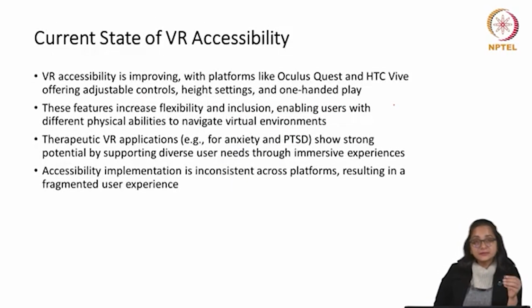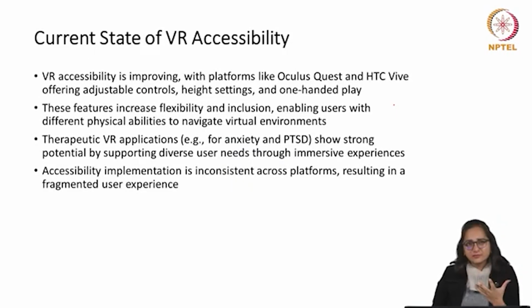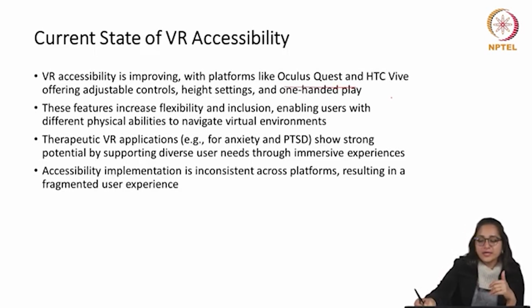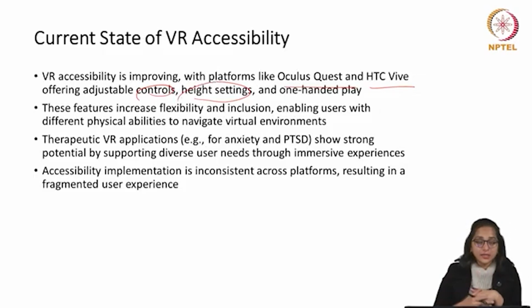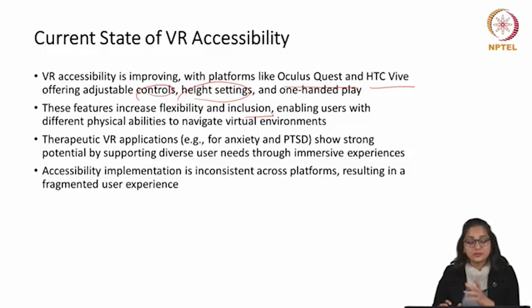The current state of the art is improving at a very fast pace, with platforms like Oculus Quest and HTC Vive offering adjustable controls, height settings, and one-handed play. These features increase flexibility and inclusion, and enable users with different physical abilities to navigate the virtual environments.